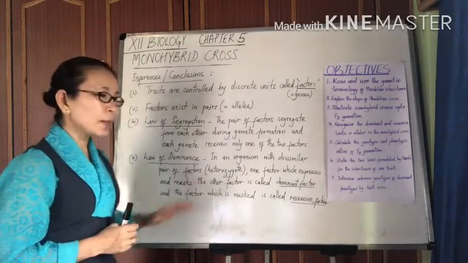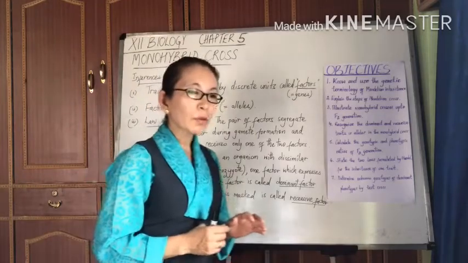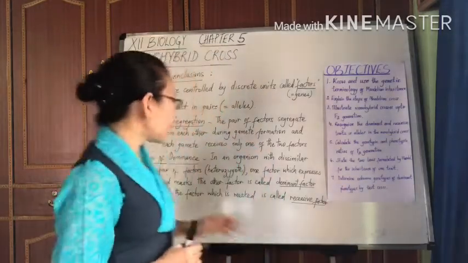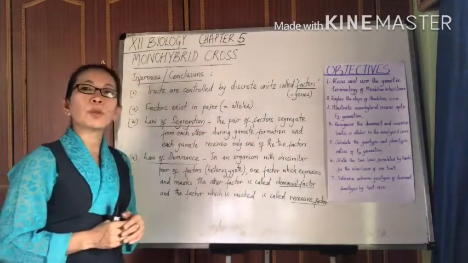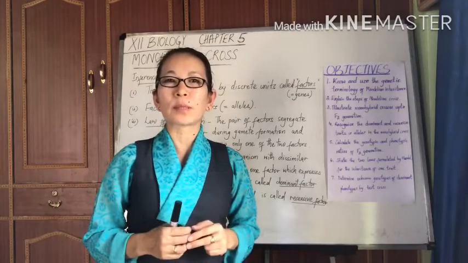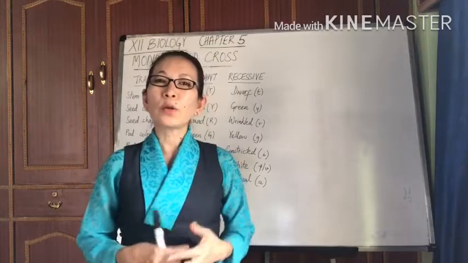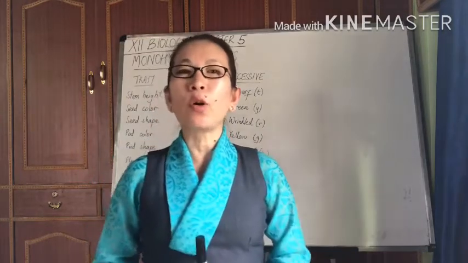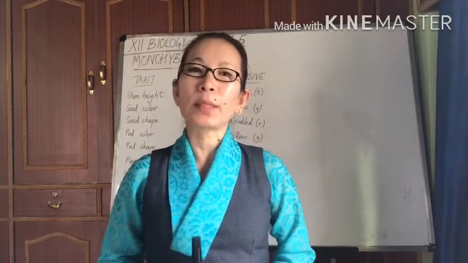And what we know is Mendel's factors or Mendel's traits are always showing a complete dominance and a complete recessiveness. So we know that Mendel selected 7 pairs of contrasting traits in pea plants for his study.